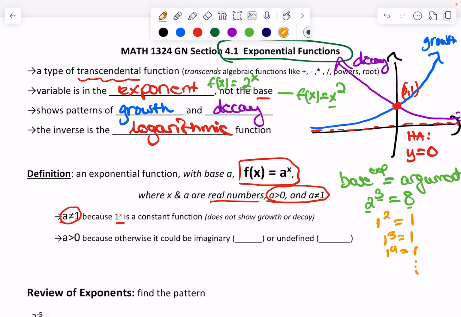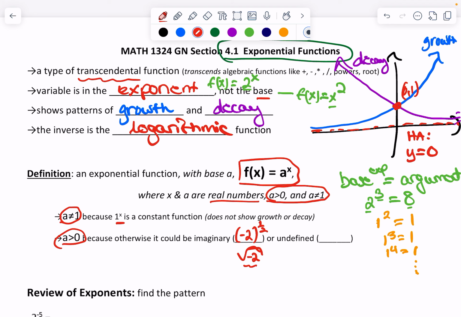Also, a has to be positive because otherwise it could be imaginary. For example, if we have negative 2 to the power of a half, well, this is the same thing as a square root of negative 2. Remember that that half means a square root. And this is going to be imaginary, or the other option is undefined.